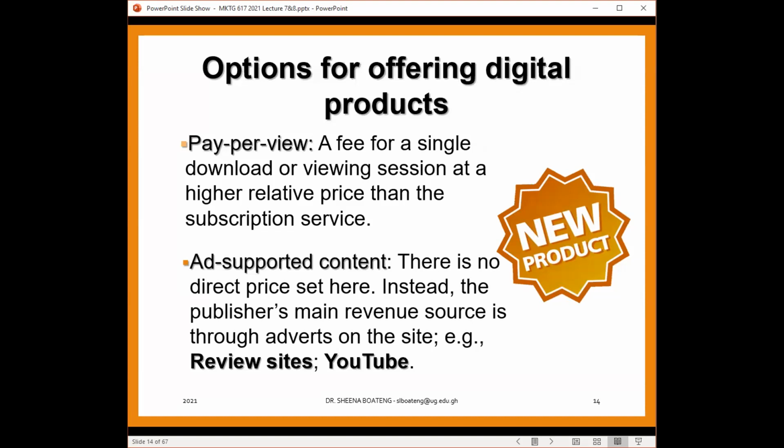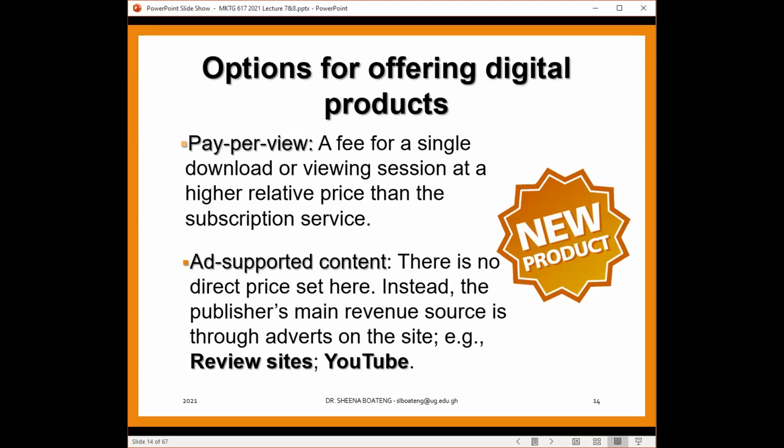Yes, Doc. Good. Also, we can talk about ad-supported content, which is one of the main means by which a lot of the independent platforms make their income. So here, there are no direct prices set for customers who patronize these platforms and websites. However, the e-marketers who facilitate these platforms have to gain some revenue somehow.